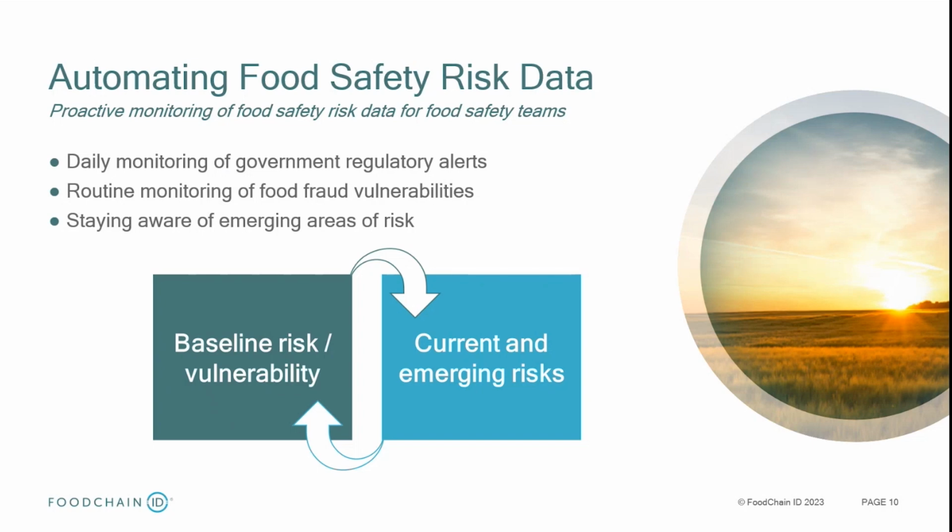You can conduct a baseline risk assessment and then routinely scan for things that might be emerging risks. Sometimes baseline risks will turn into emerging risks, depending on the situation or if a particular hazard comes up. And sometimes data from emerging risks will need to be incorporated back into your baseline risk assessment and then monitored moving forward.